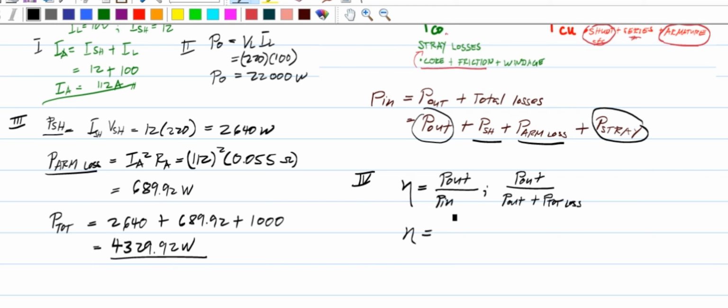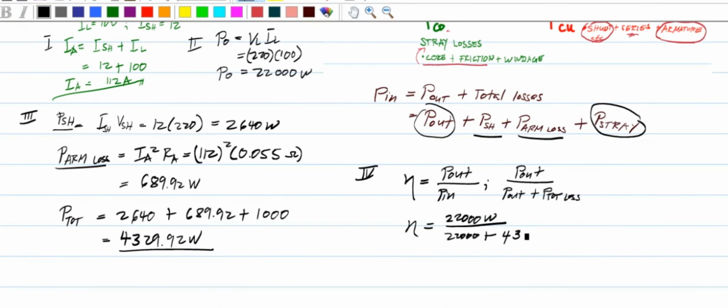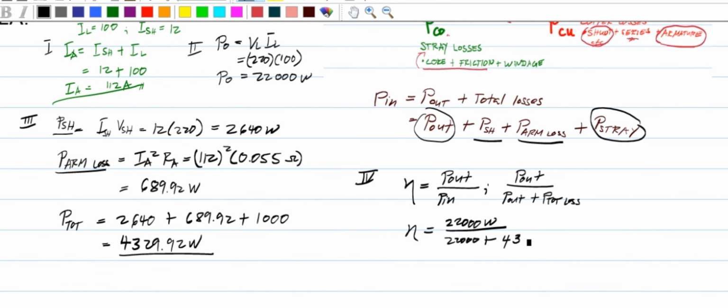Therefore, efficiency is equal to P out of 22,000 watts over P out of 22,000 plus 4,329.92, times 100.